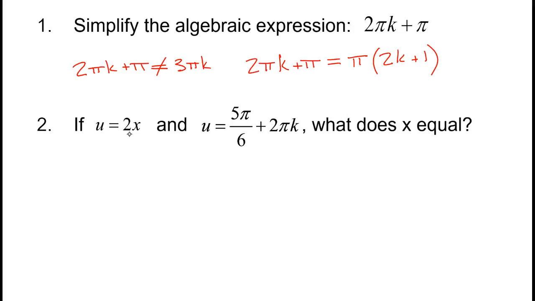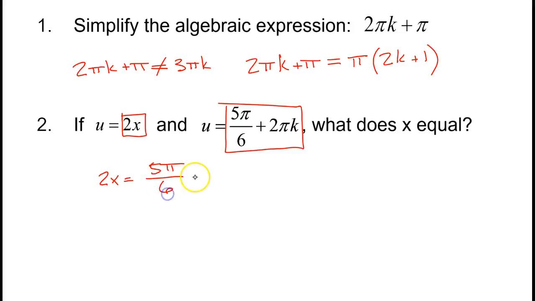So if u equals 2x and u equals 5 pi over 6 plus 2 pi k, I can take those two things and set them equal. So I'm going to have 2x equals 5 pi over 6 plus 2 pi k.